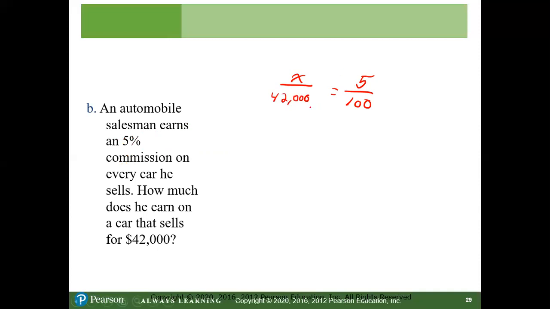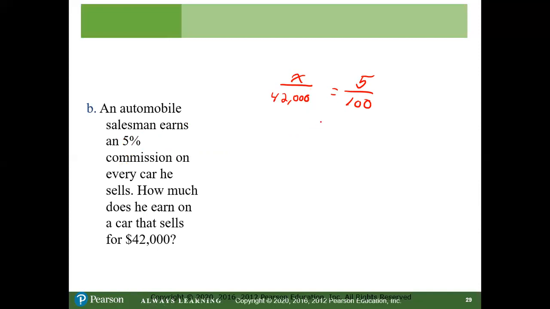We can do the cross product here if you wanted to. That would be easy enough. Or you can just do 0.05 times 42,000. Either way, you're going to get the answer you're looking for.